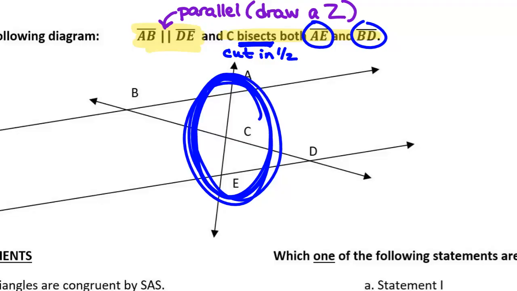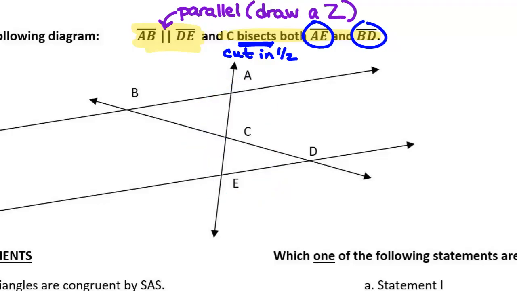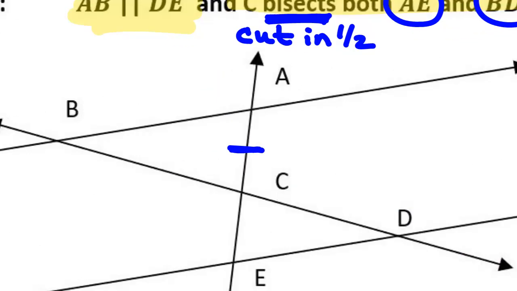It said that C bisects it, so C is right there. You told me that bisect means to cut in half. When I cut something in half, I end up with 2 smaller congruent pieces. What are the 2 smaller congruent pieces we would have here? AC and CE. Let's go ahead and mark those with congruences.